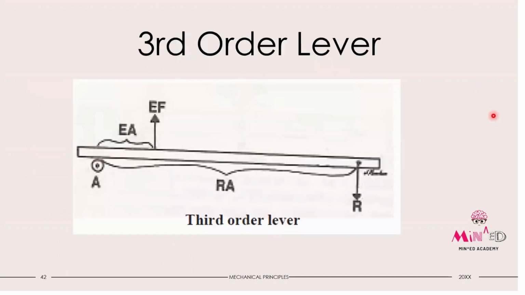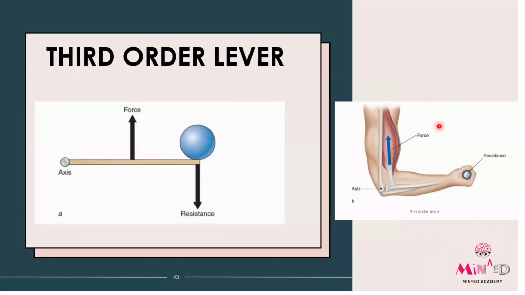So this is the diagram. Here you can see the fulcrum, resistance, and effort is here. Your effort arm is always less than the resistance arm, so its mechanical advantage will always be less than 1.